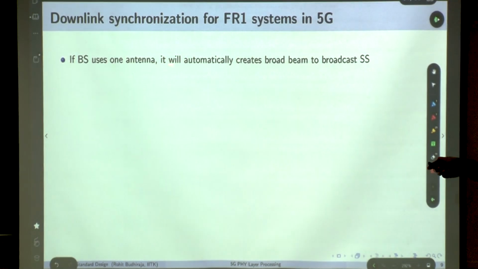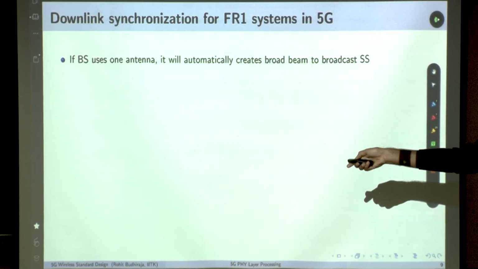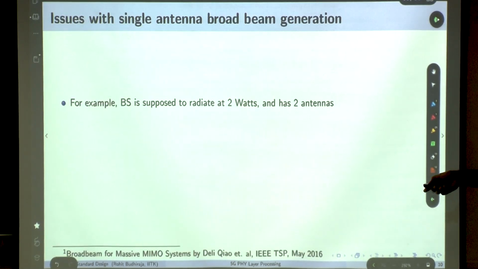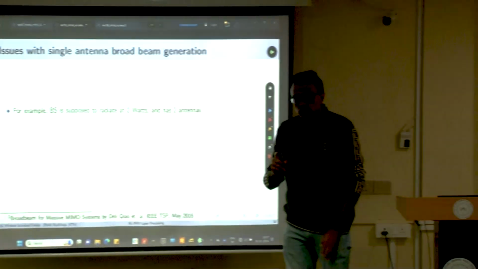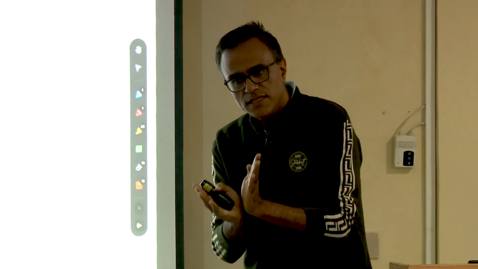If the BS uses one antenna, it will automatically create a broad beam to broadcast the synchronization signal. That's what I just said. Now, what happens if the base station uses one antenna? The systems are designed such that there is a constraint on the total transmit power.